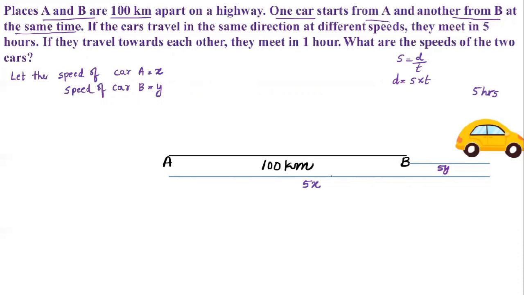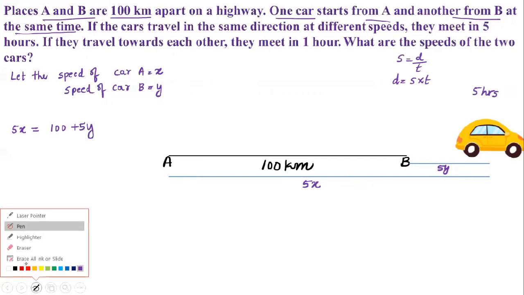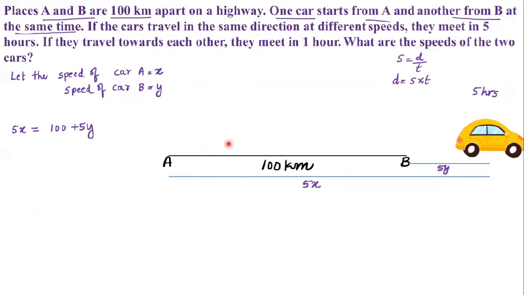Now you have to write the equation. The longer line, 5x, is equal to 100 plus 5y. 5x is divided into two parts, 100 and 5y.